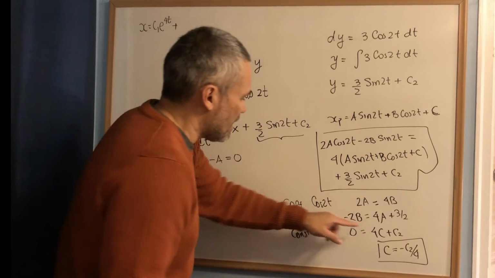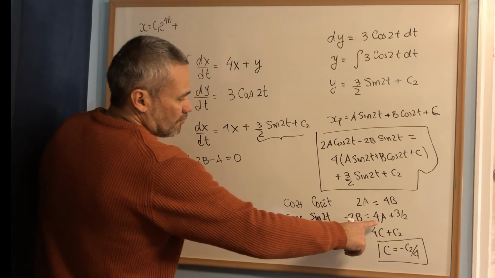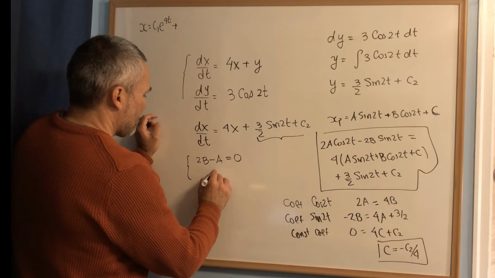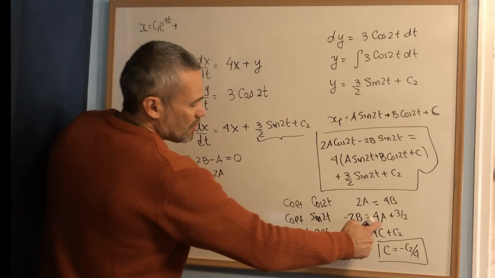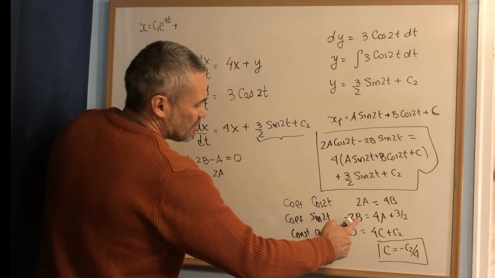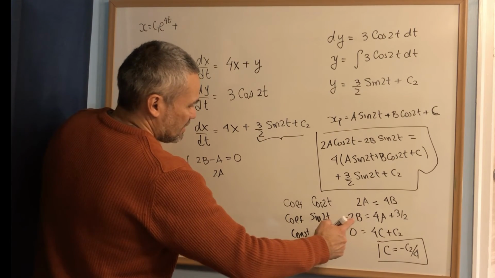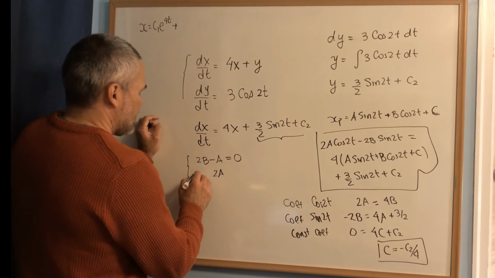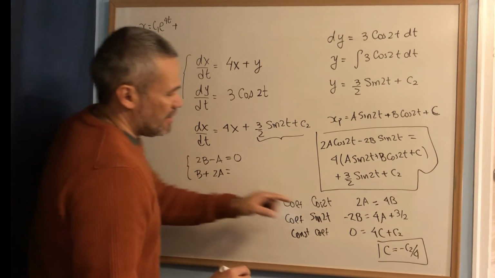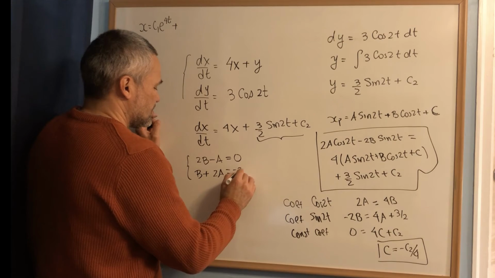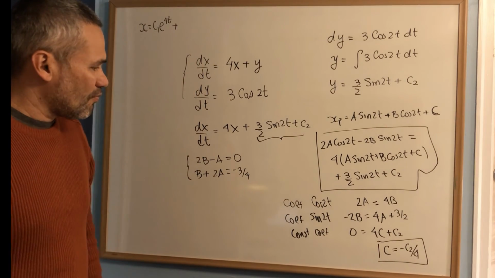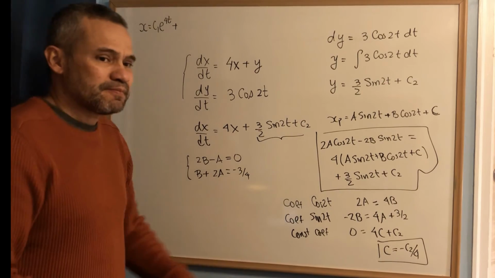And here we have, let's move this to the right, and I have 2A, dividing by 2, B plus 2A equals negative 3/4, right? I divided by 2. Okay, is that correct?